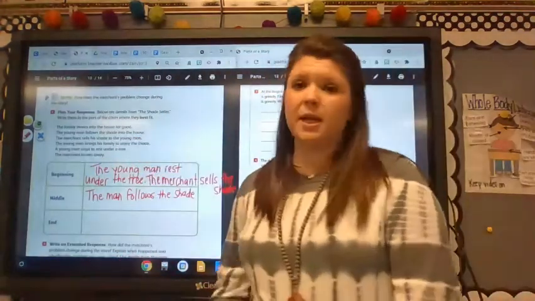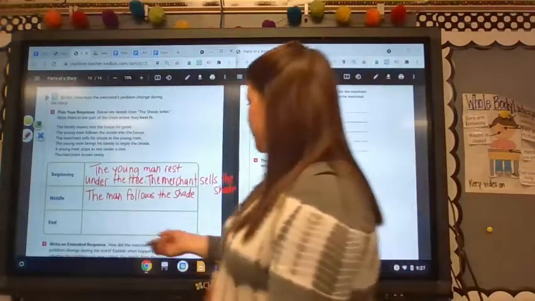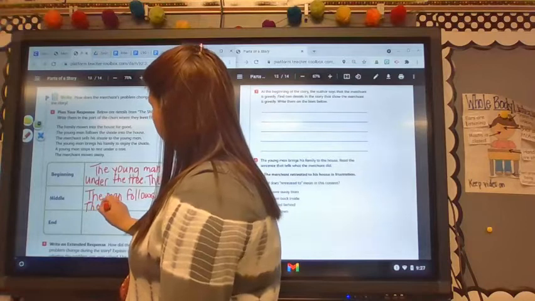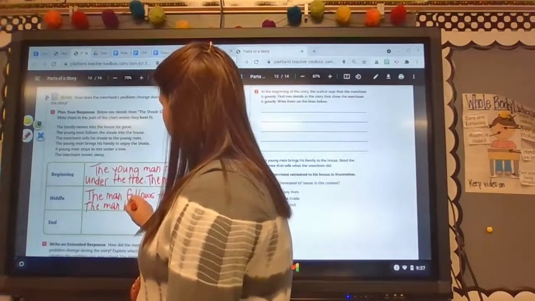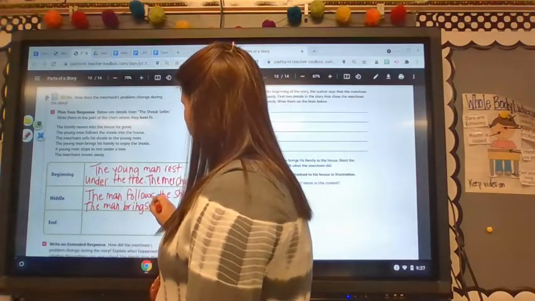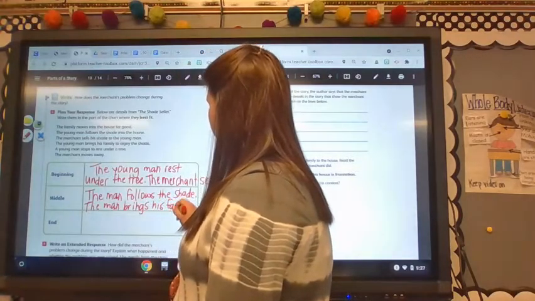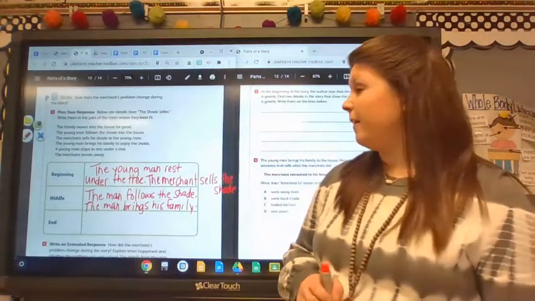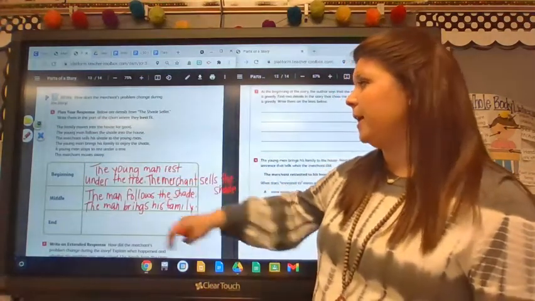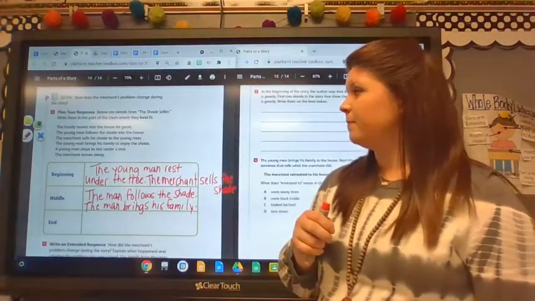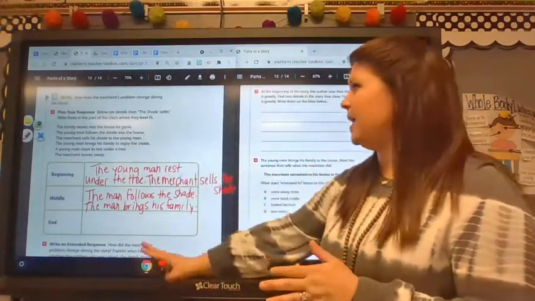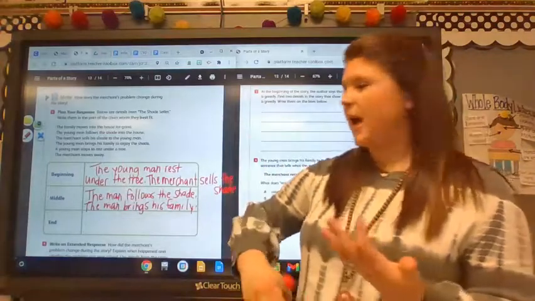Then the young man brings more people. He brings his family, doesn't he? That really infuriated the merchant, didn't it? So what happened at the end? The merchant moved away and the family moved into the house, didn't they?